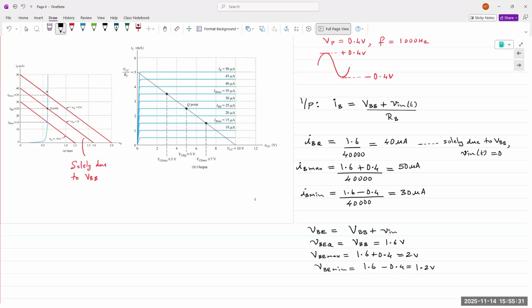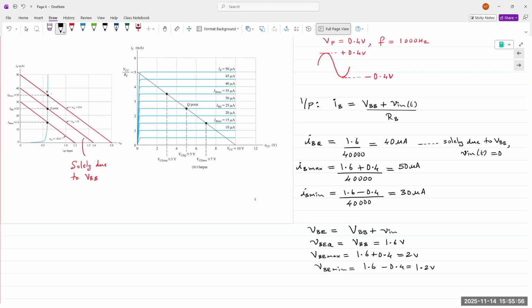And as with any load line analysis, the load lines intersect the characteristic, and the point where it intersects the characteristic is our Q point. So this in the middle is our original Q point. When you apply Vin, the Q point shifts up and shifts down.